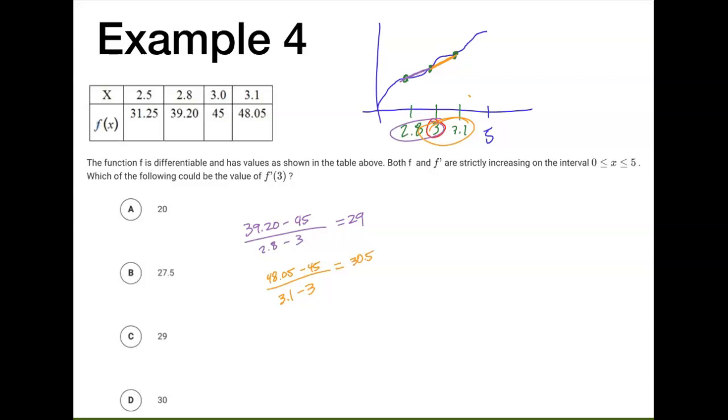And so again, the best thing to do is include both pieces of information. And so I'm just going to average those two values. So I'm just going to do 29 plus 30.5 divided by 2. And I get about 29.75. And so I would probably go with the closest value, which is D.